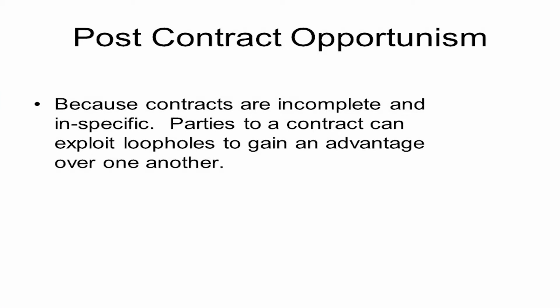Therefore, all contracts are incomplete and are open to interpretation, and this opens up the possibility of opportunistic behavior. Parties to a contract can exploit loopholes to gain an advantage over one another. It may not be that they're trying to rip you off. It may be that they honestly interpret the contract differently from you. Of course, you must also be aware that they may not be acting consistently with the contract, so you need to protect yourself. How can you do that?